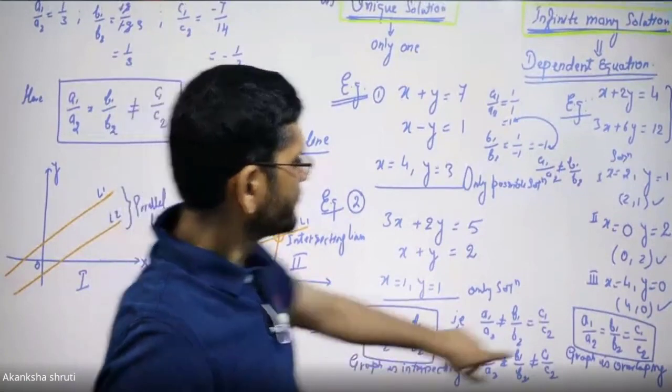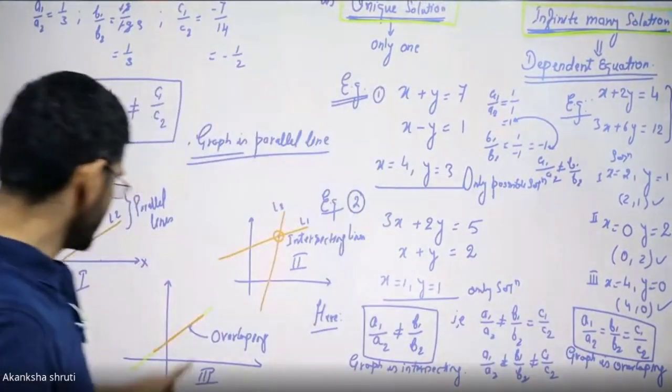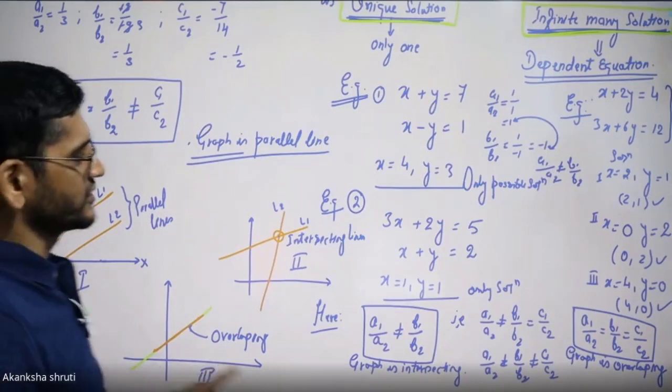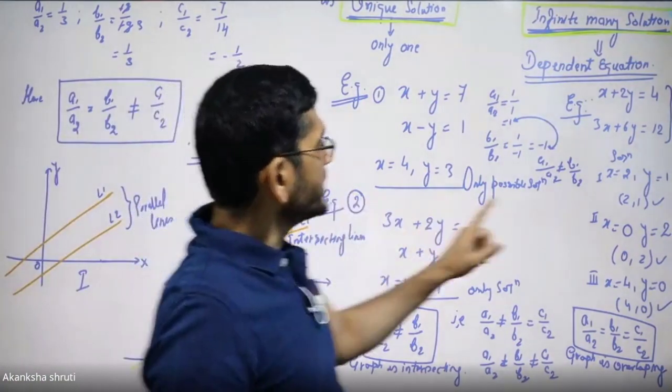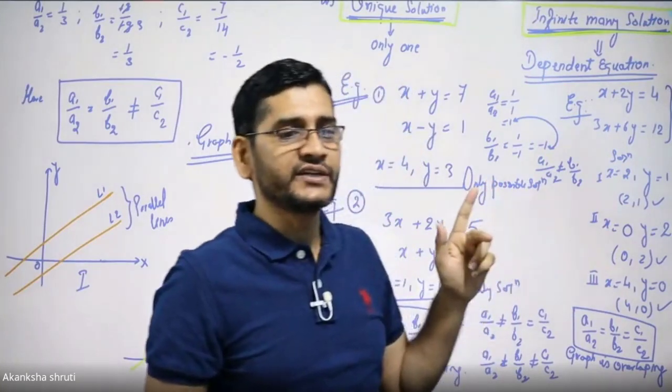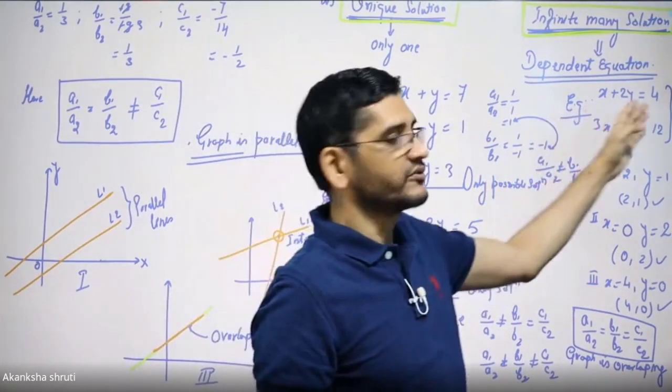Students, for infinite many solution, if we draw the graph, the lines will overlap each other. This infinite many solution is not two different equations, rather it is only one equation.